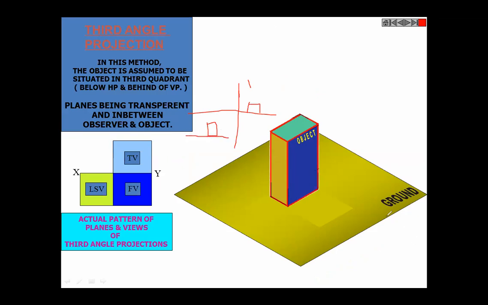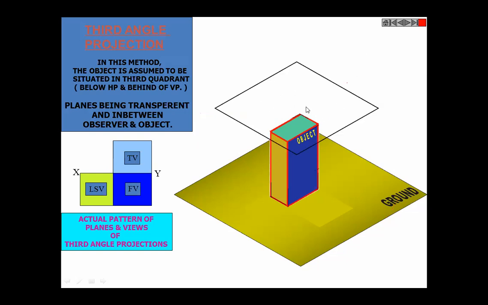It is not the horizontal plane in terms of the principal planes; it is the ground on which it is staying. The horizontal plane comes over here. Through this horizontal plane the projection is carved out upwards. So this is our top view.